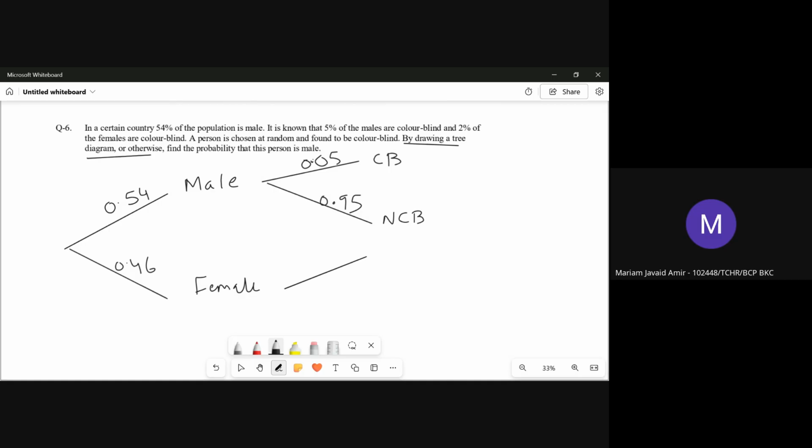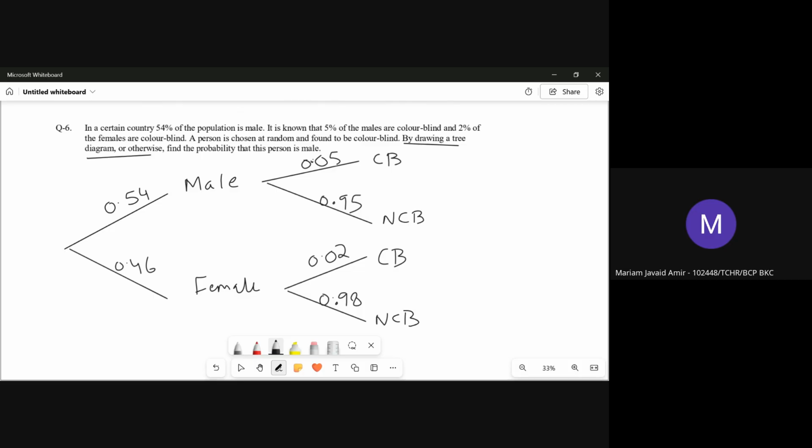So we write colorblind here and 0.02. That means 98% are not colorblind females. So we have our tree diagram ready.